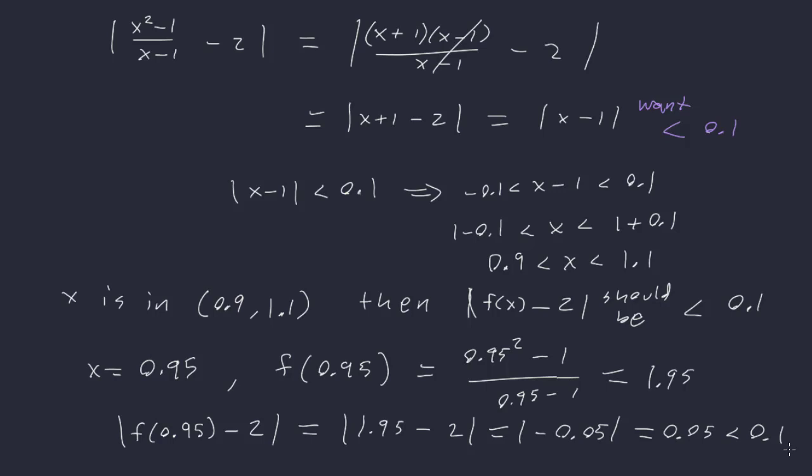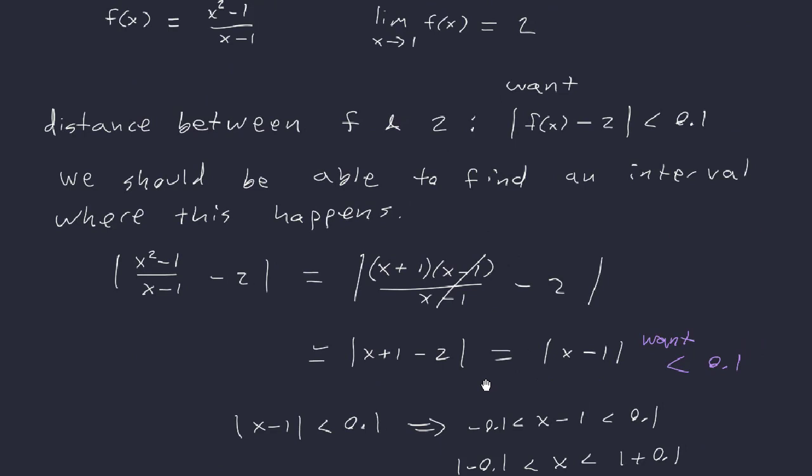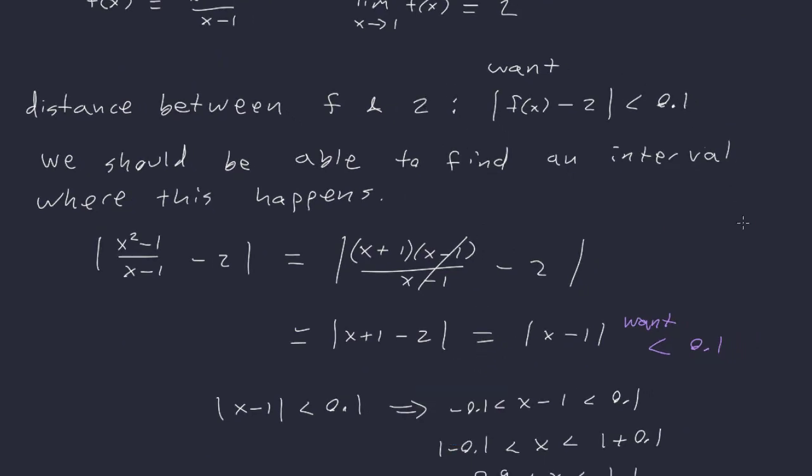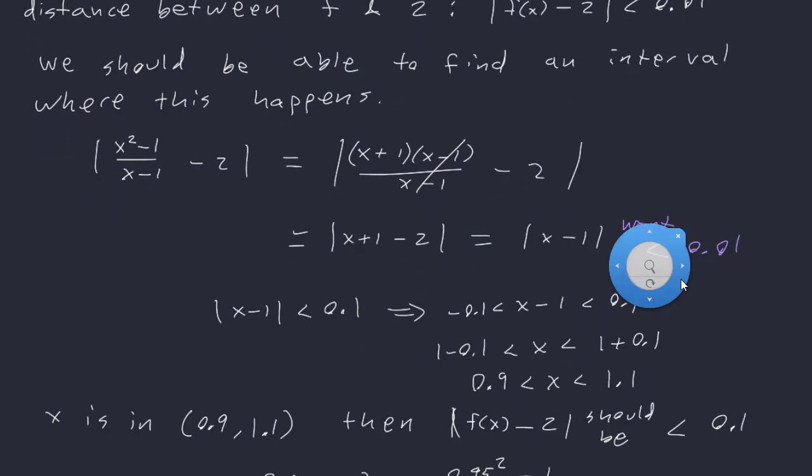Okay, well, what if instead we wanted the distance between f and 2 to be less than 0.01? Well, we would do the same work over here. That's the same thing as wanting the absolute value of x minus 1 less than 0.01.